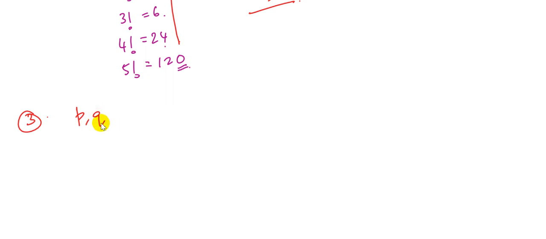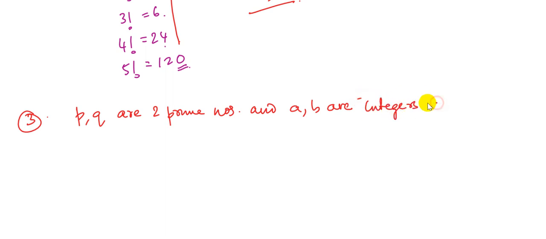P and Q are 2 prime numbers. You know what is a prime number? And A and B are two integers.